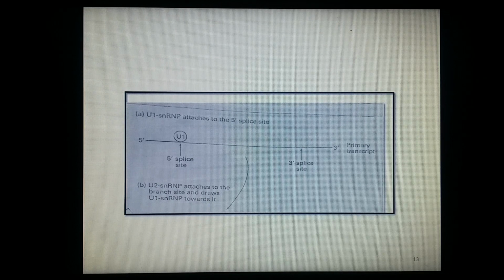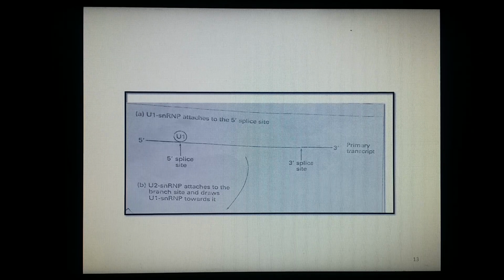So now the first question: how are the small nuclear RNAs involved in this process? A lot of research has been done to understand this. It has been known for a long time that the U1 RNA, which is marked here, is able to base pair with the consensus sequence around the 5' splice site.